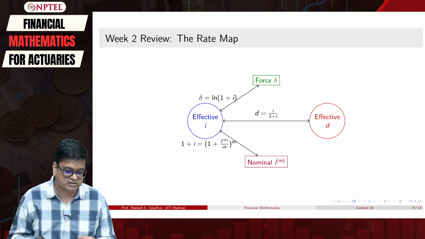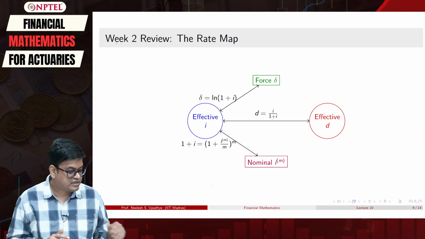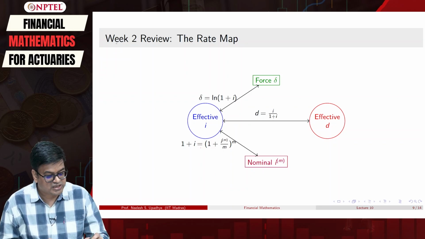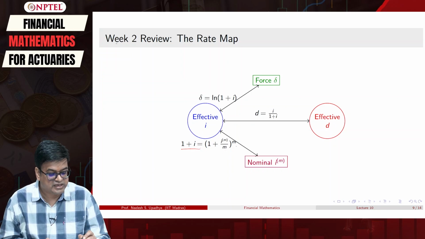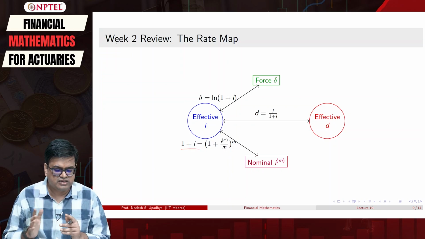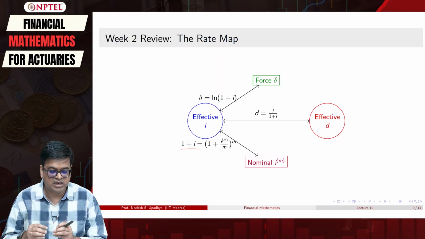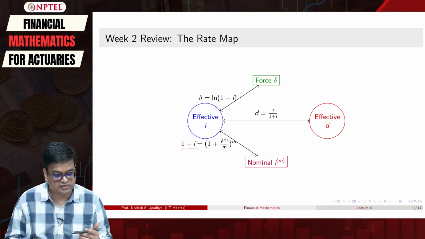So, we established the formula 1 plus i is equal to 1 plus i_m upon m raised to m, and we established various other differences between the real and the actual interest that you are earning.